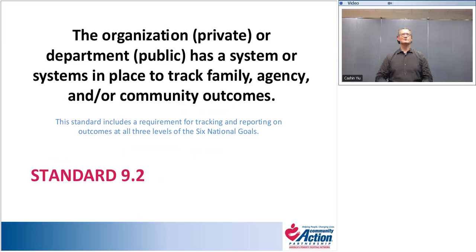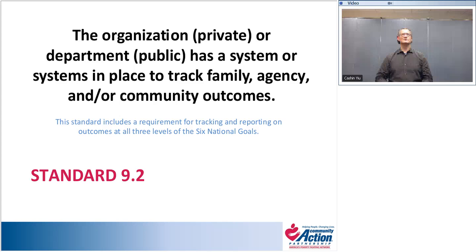So in 9.2, the organization or document has a system in place to track the outcomes: the family, the agency, and the community outcomes. So this is about tracking and reporting on all 3 levels of the national goals.